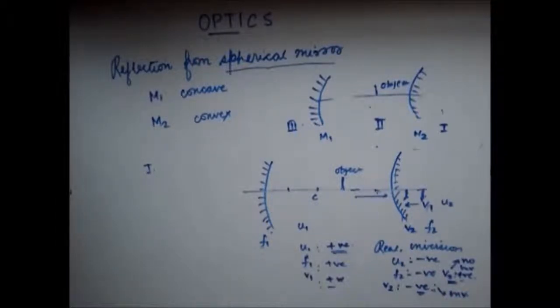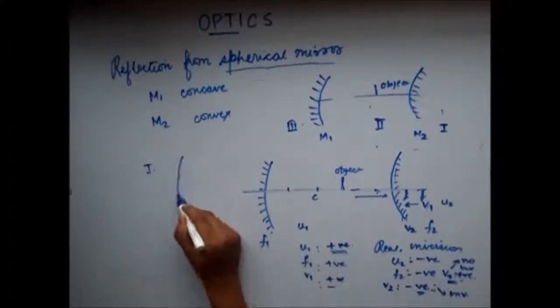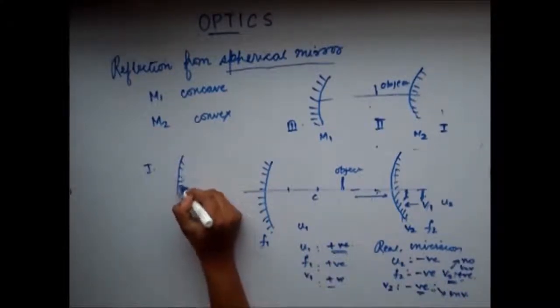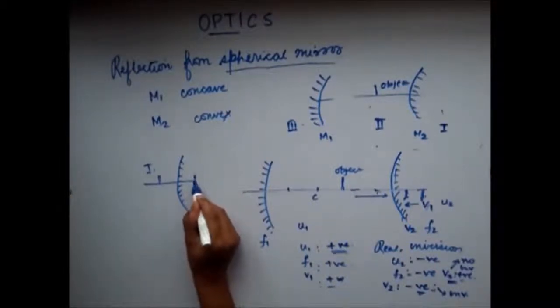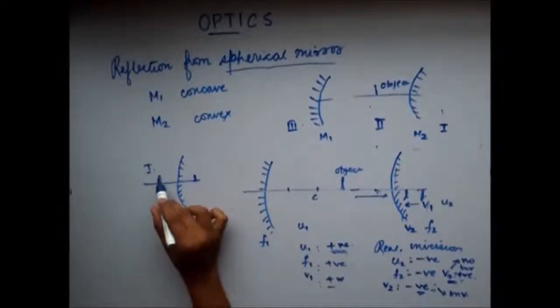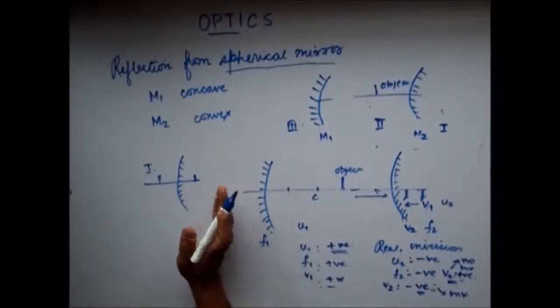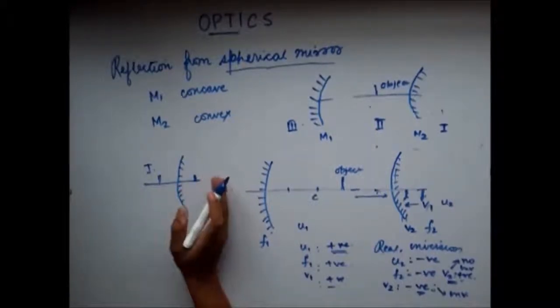Now the question is why? You see that in case of a convex mirror, when the object is here and the image is formed on the other side, there is always no inversion. So that means when the object and the image are on the opposite sides, there is no inversion.